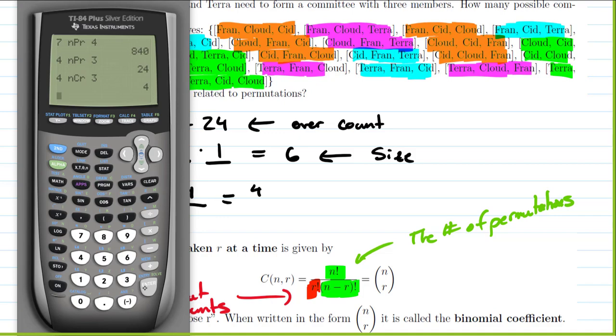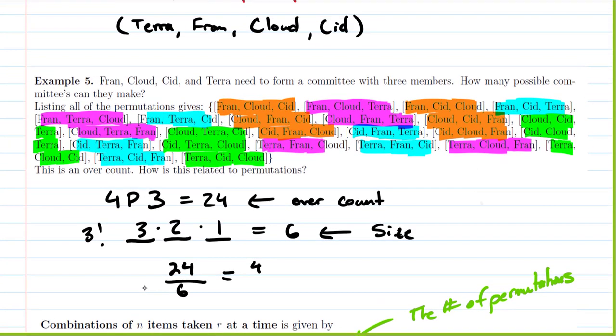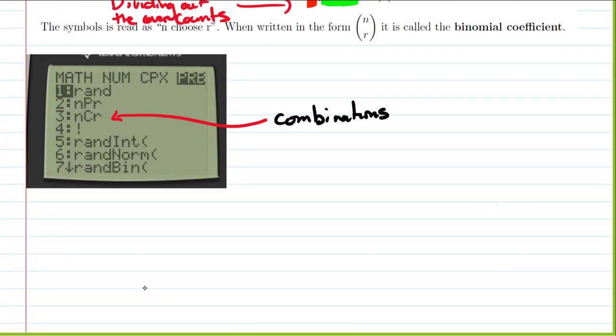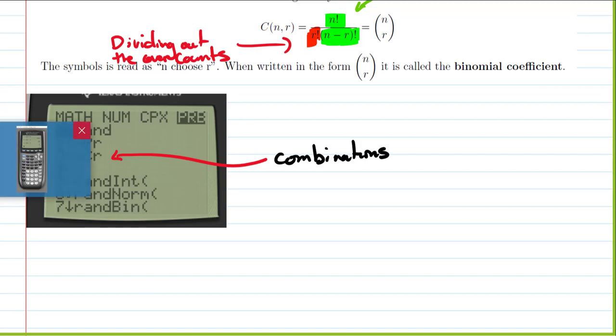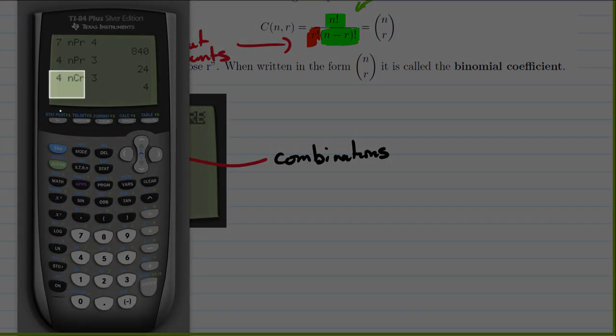And when we do 4 choose 3, we get 4, which was the same thing that we were able to deduce by counting all of our rearrangements that were overcounts.